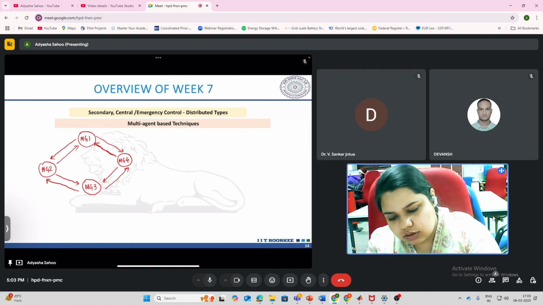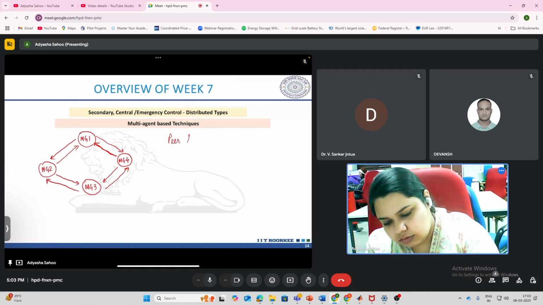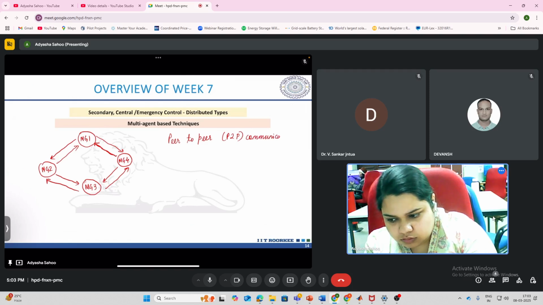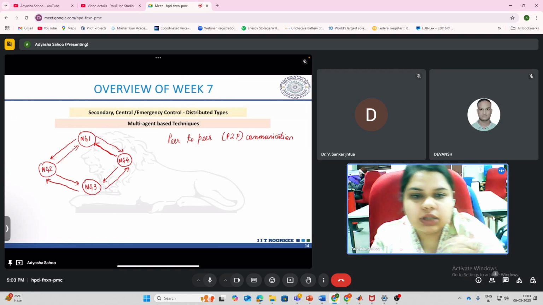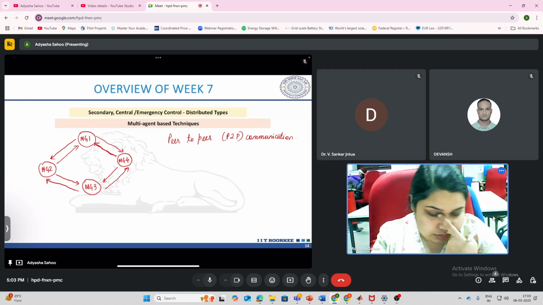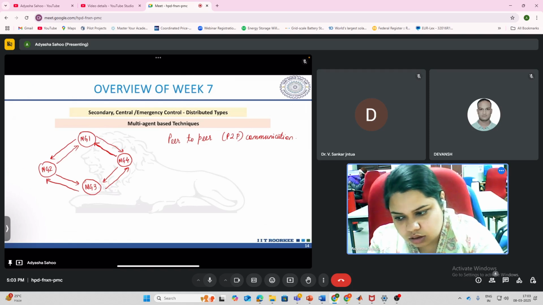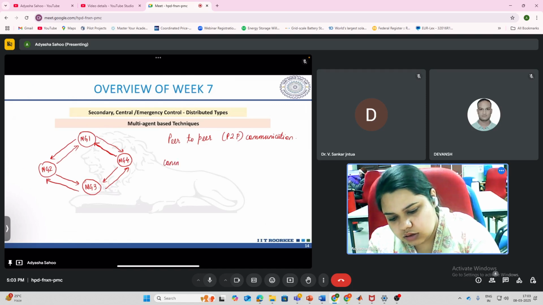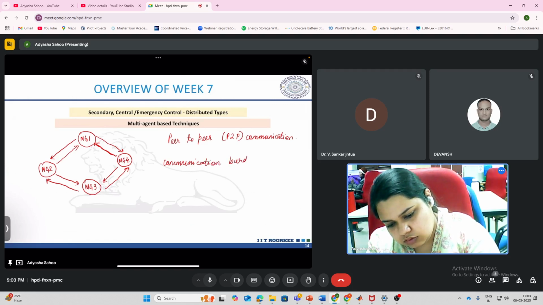This type of structure we call peer-to-peer communication, or P2P. Since there is communication between them, by communicating with each other they can meet the global target. Here the communication burden is lesser than centralized.